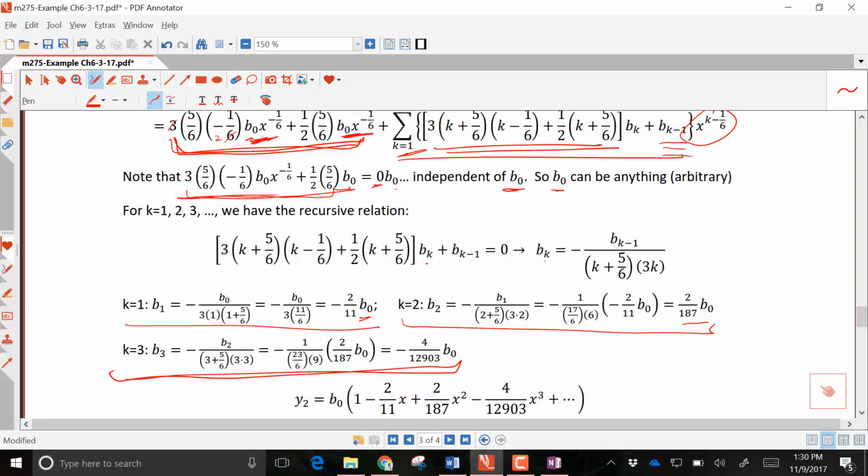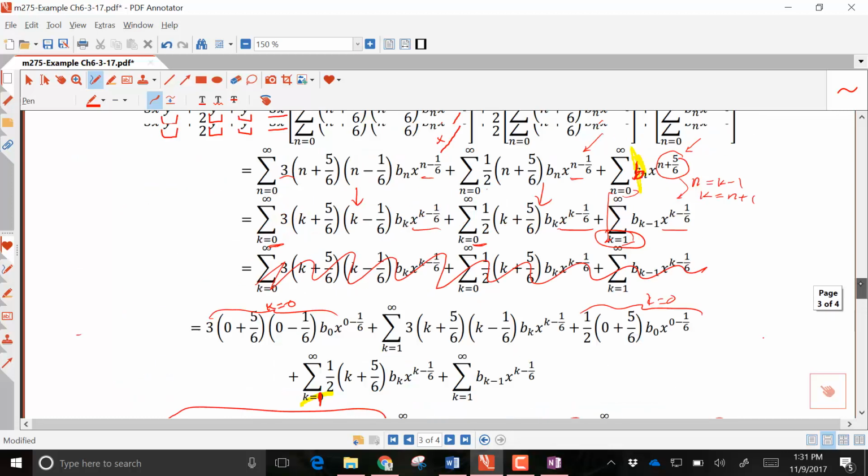Yeah, so the leading term here, b naught, all we can say about b naught is that it's not equal to 0. Oh, yeah, I factored out a b naught, because that's how the series was.